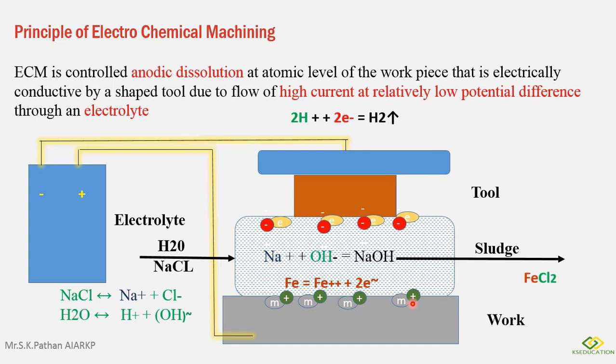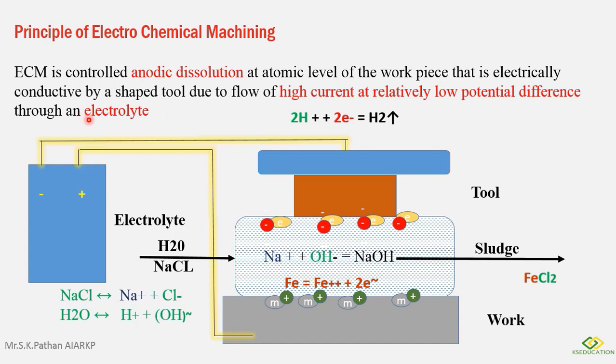So in this way this machine works, and it works because of the anodic dissolution. This term anodic dissolution means this iron chloride in this case, and it happens because of the high current at relatively low potential difference, and thirdly because of the electrolyte.